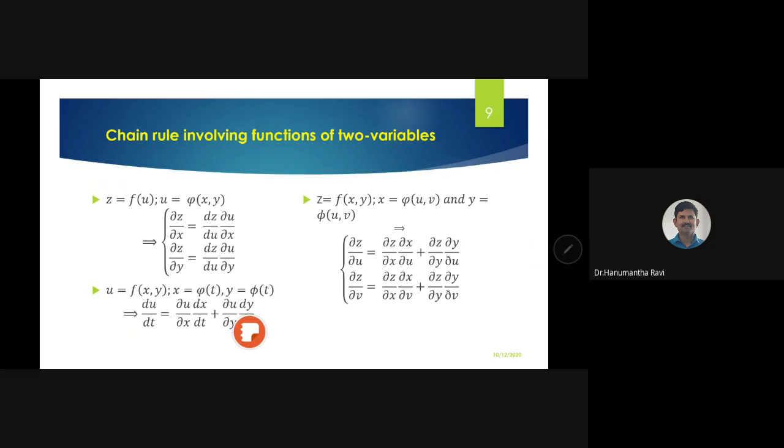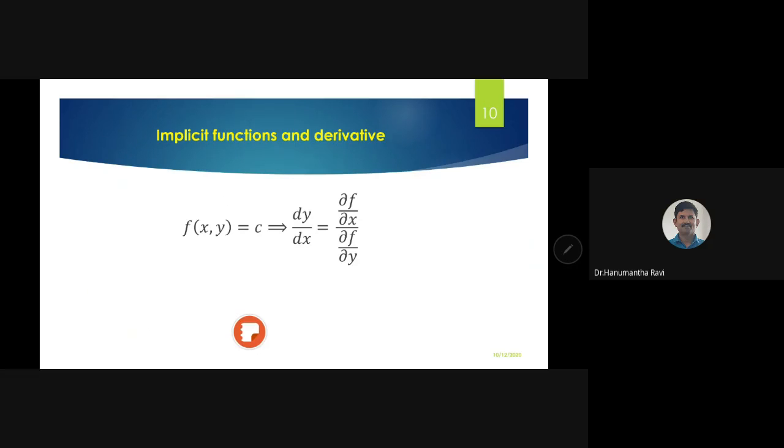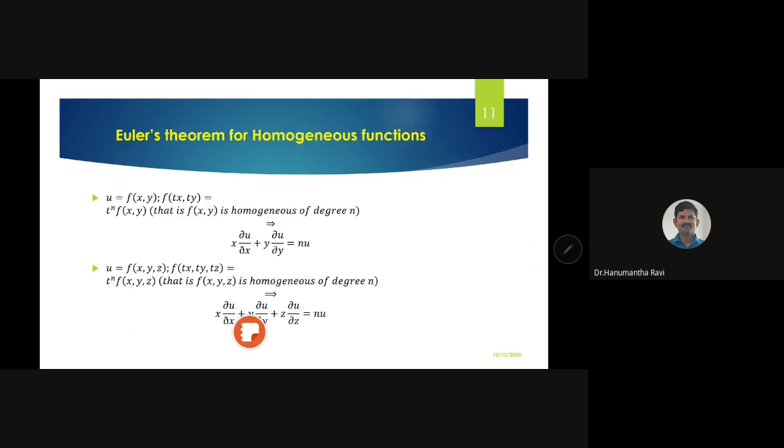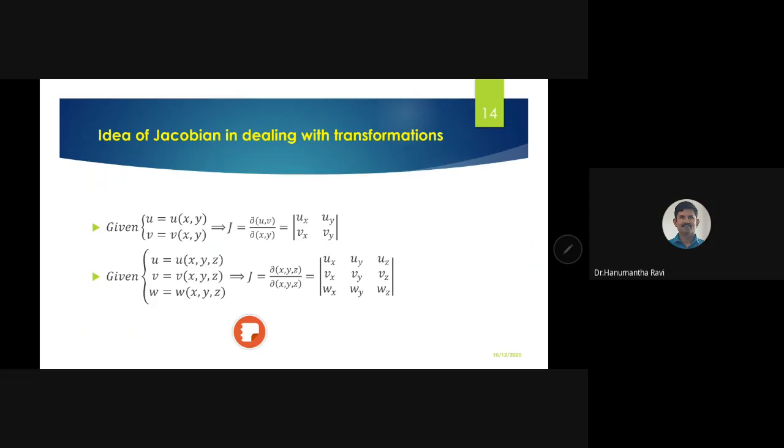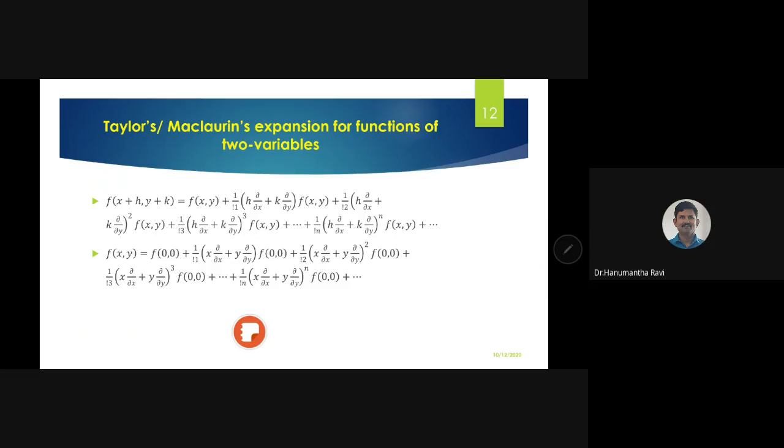What other topics do the slides list? Extreme of functions of two variables. This is one more very important thing, extreme values. Before going to extreme values, we can also see some more examples.